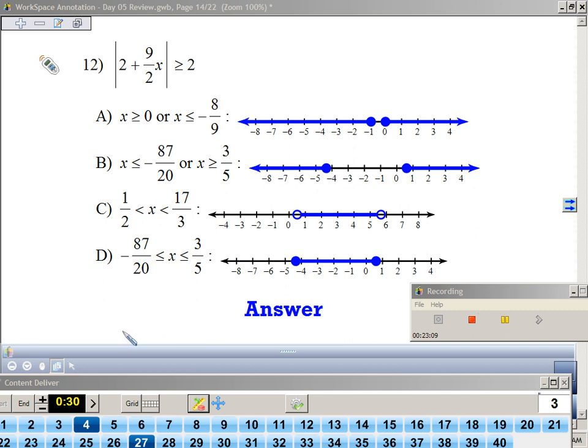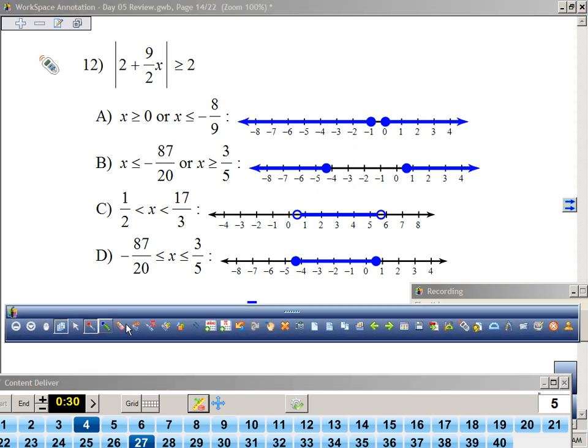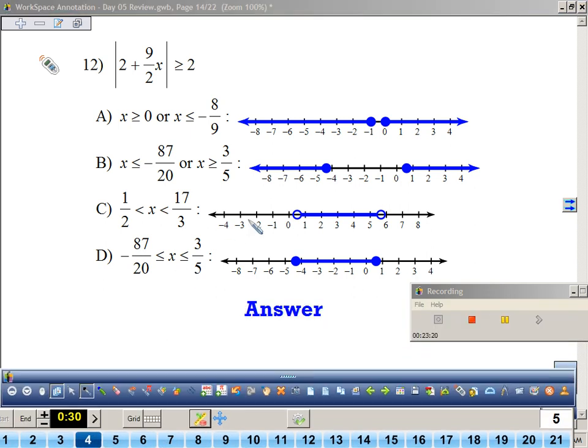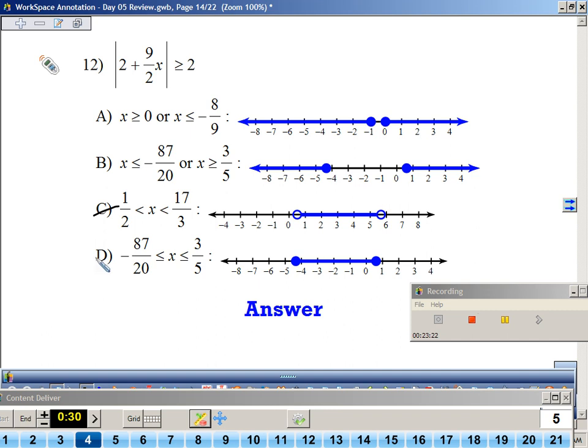Further away. That would mean for sure I could eliminate what? C and D are not going further away. They're going towards. These are and statements, right? This is not an and statement. This is an or. Greater is or.